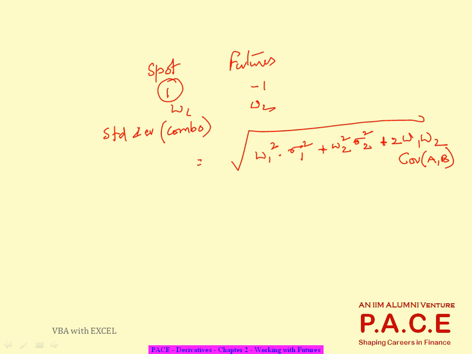Or a simpler way, instead of using the word covariance, I can also say 2 into W1 into W2 into correlation into sigma 1 into sigma 2, which is nothing but the standard deviations of each of them separately. This is what will be the standard deviation of the overall portfolio.